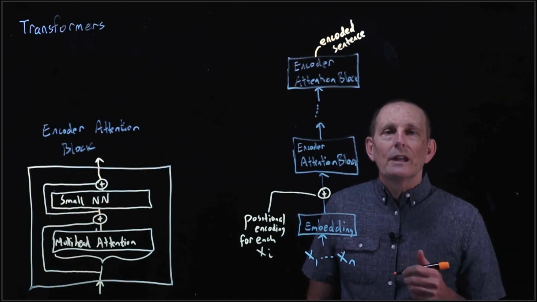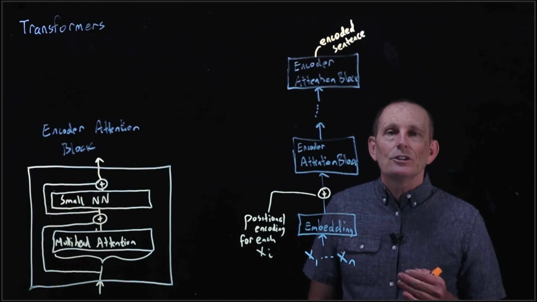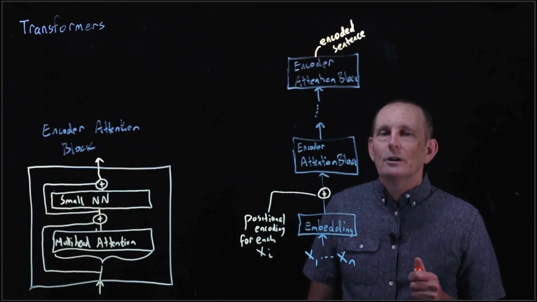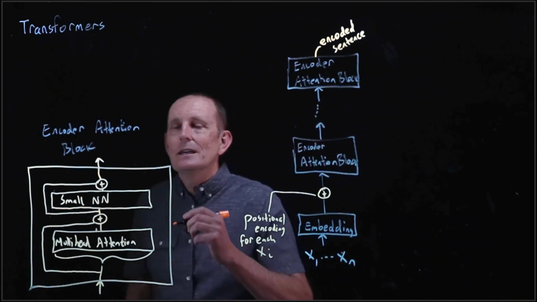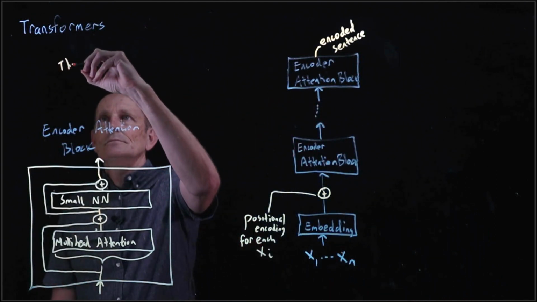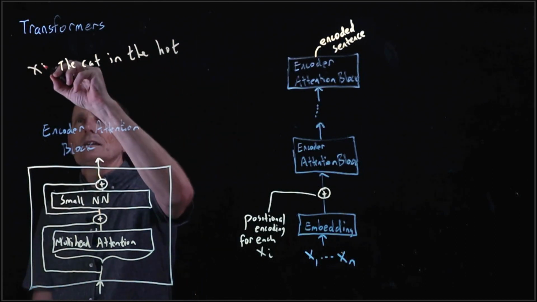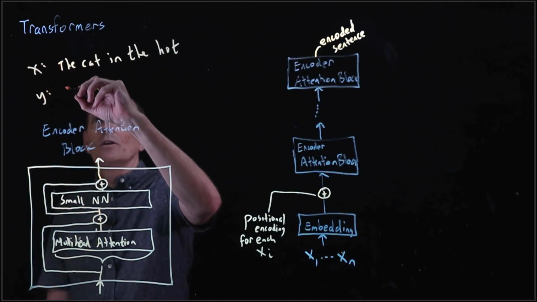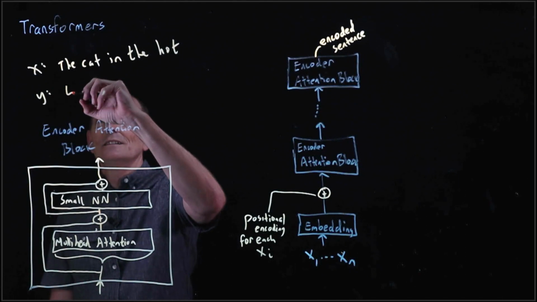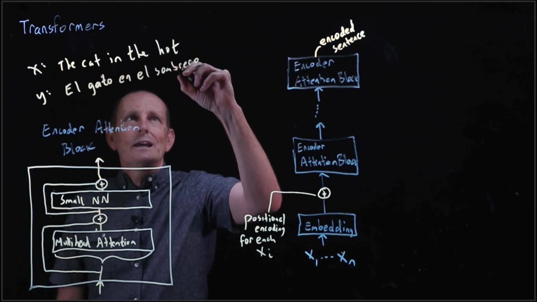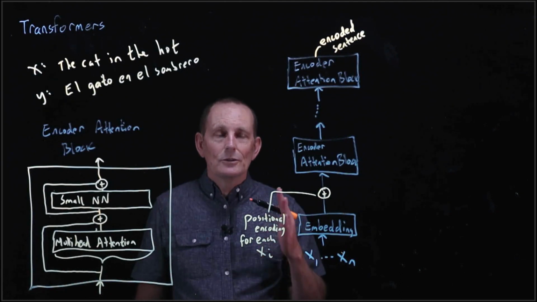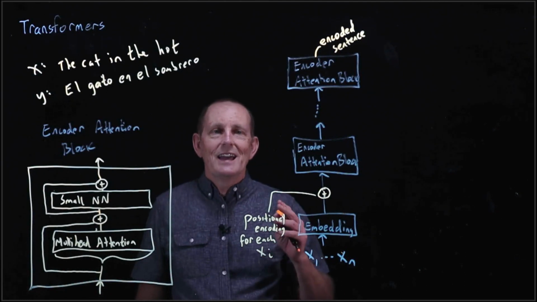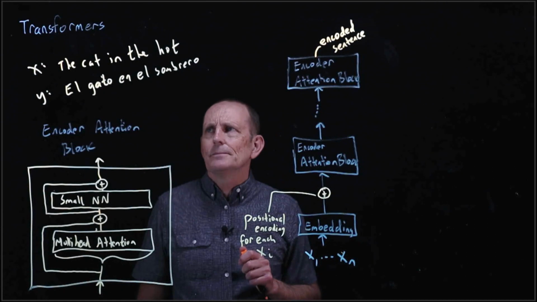Like an RNN, we're going to have to feed in information. So for example, if our problem is something like the cat in the hat is our X, and our Y is el gato en el sombrero, as we're doing this training, we're going to need to feed in prompts and get out the associated Y hats.